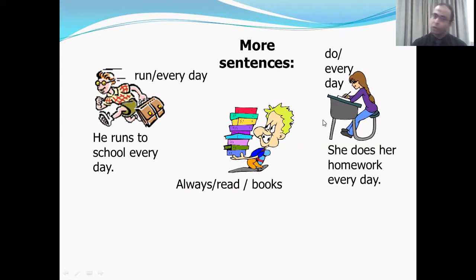Yes, good. She does her homework every day. Last one, let's see. This boy likes reading very much, so he always reads books.